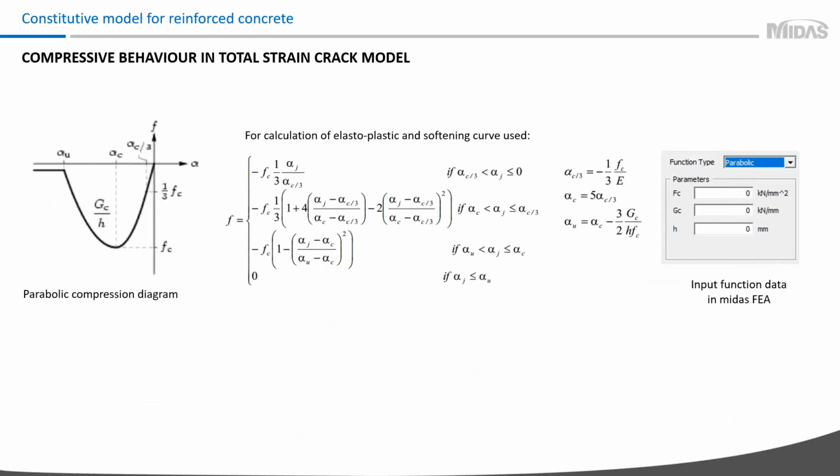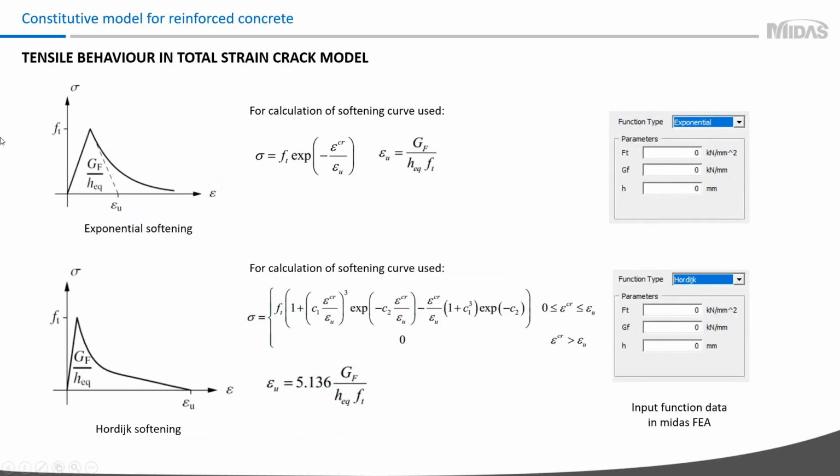After reaching the limited strain of this diagram, we assume that the crack in the element is totally open, and in terms of finite element, the stiffness is zero and the element doesn't work anymore. In Midas FEA, to describe this diagram, you have to define tensile strength of concrete, tensile fracture energy, and crack band width. I will talk about these parameters a bit later during this presentation.